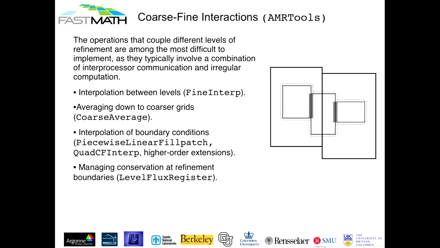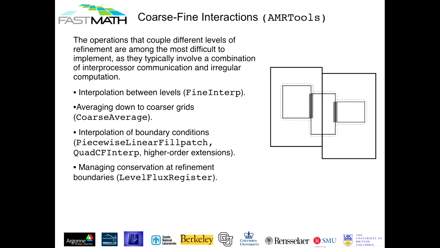But you at least need something to hold the data and know how to find the coarse grid below you, know how to find the guy above me, know if my flux register is actually abutting another fine grid, in which case I don't have a fine coarse interface, I have a fine fine interface. So all that kind of bookkeeping is done for you. This is awful bookkeeping to do, especially at exascale.